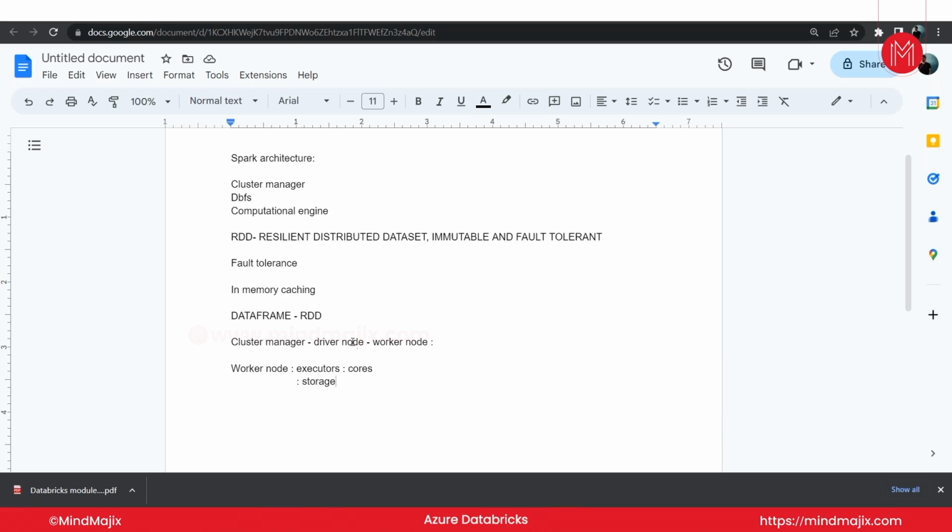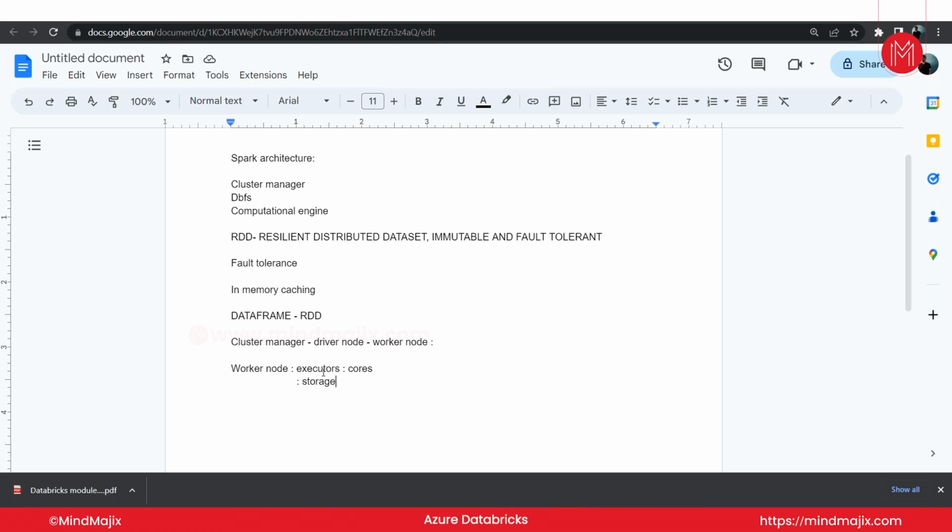The driver node distributes the whole code across multiple worker nodes. Inside a worker node, there will always be some executors that are vacant, as in some executors that don't have work. So the driver node divides the work across multiple worker nodes as per the instruction from the cluster manager, and the worker node processes it.